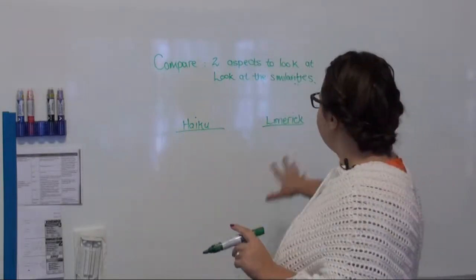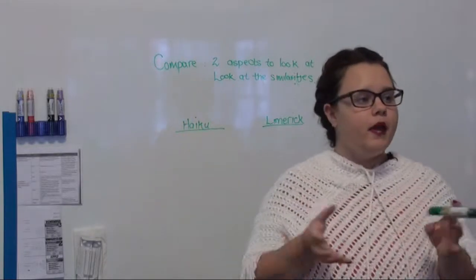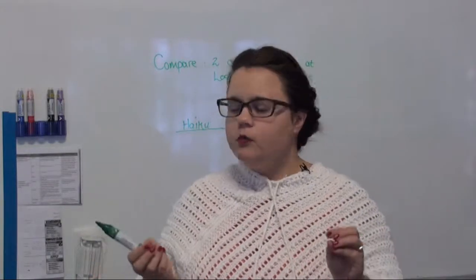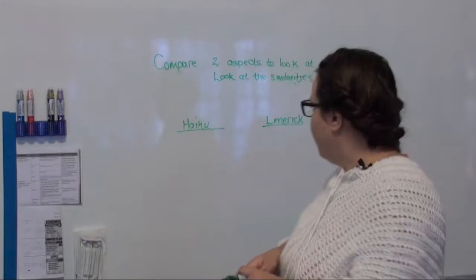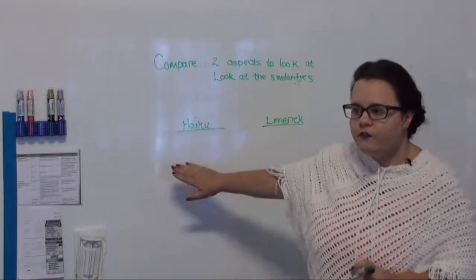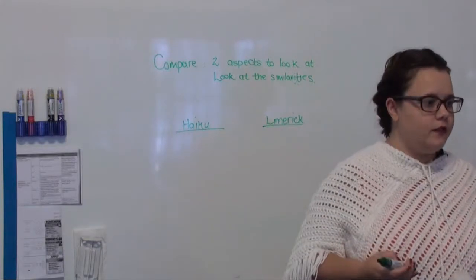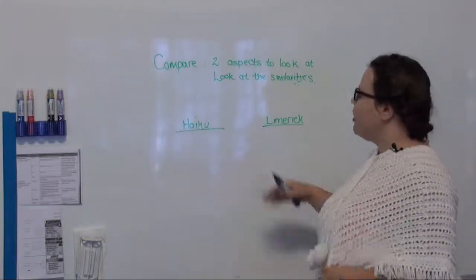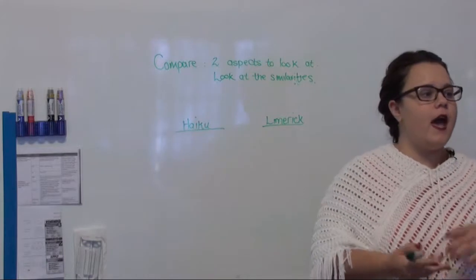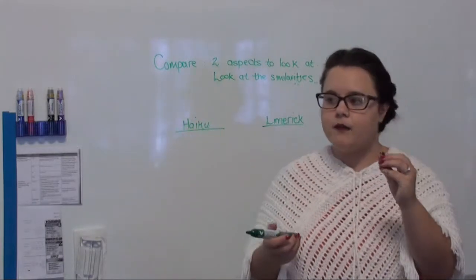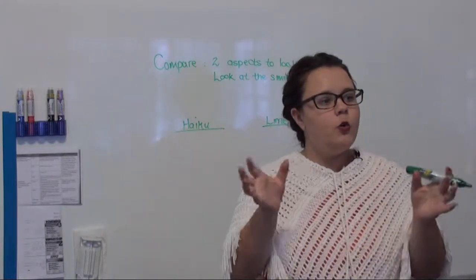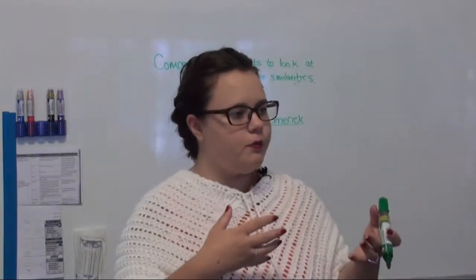So if you're given an option to compare any of those two poems, you would look at, okay, a haiku has a specific amount of syllables, very specific amount of lines. A limerick has only 5 lines and it has a very specific rhyme scheme. Okay, so we know the structure of the poems.